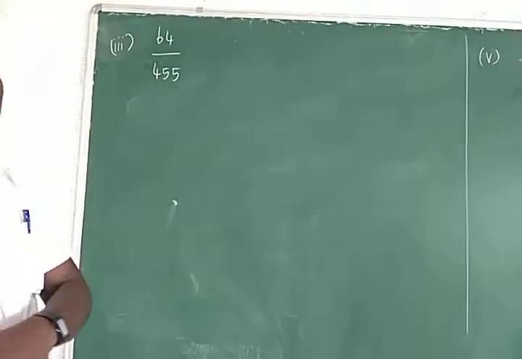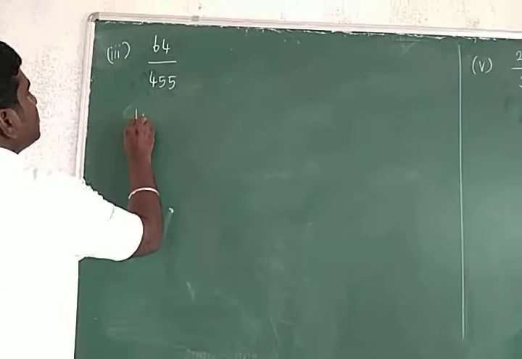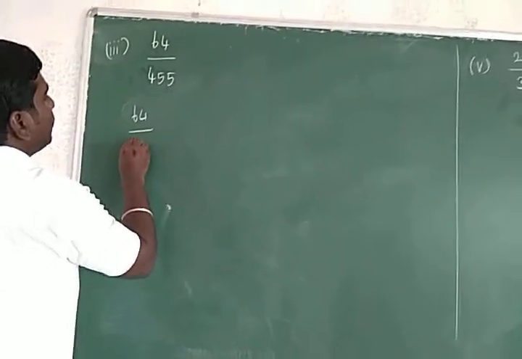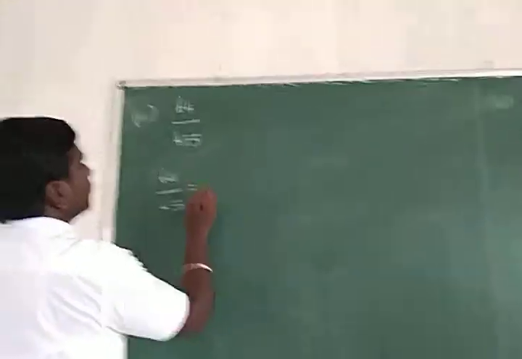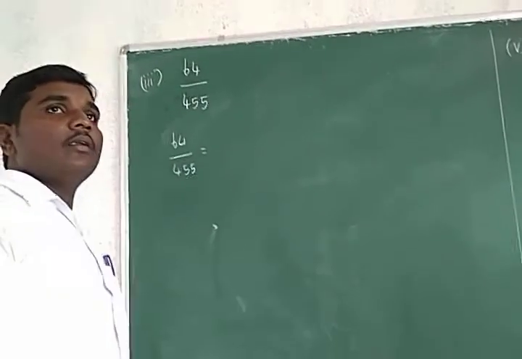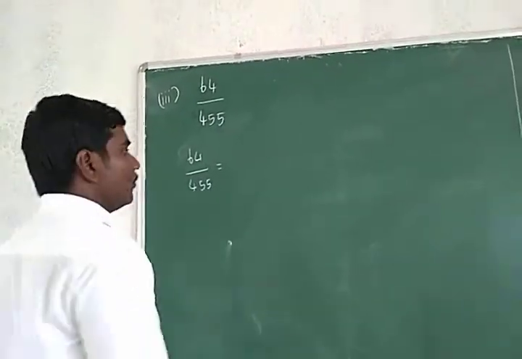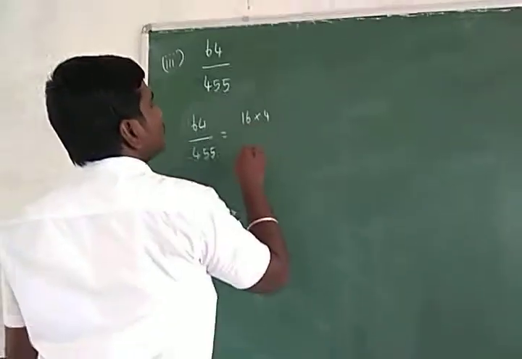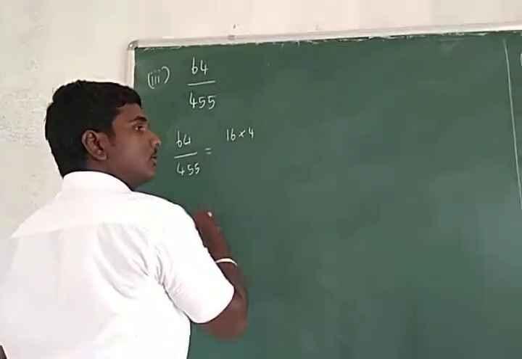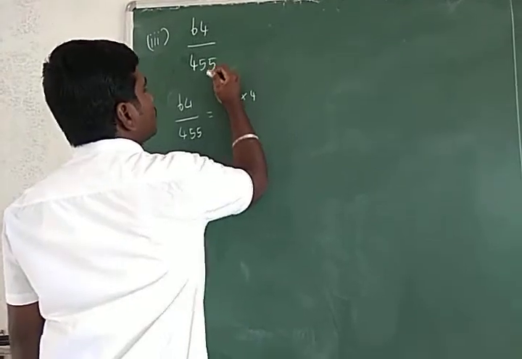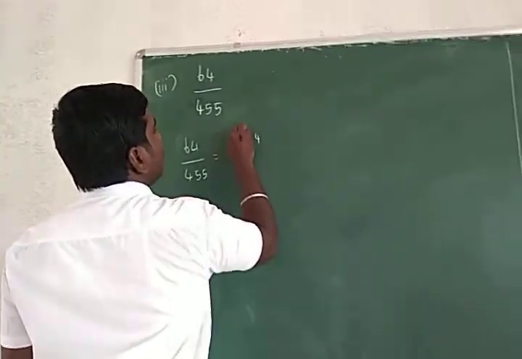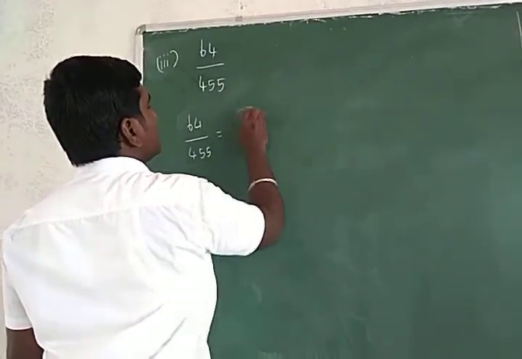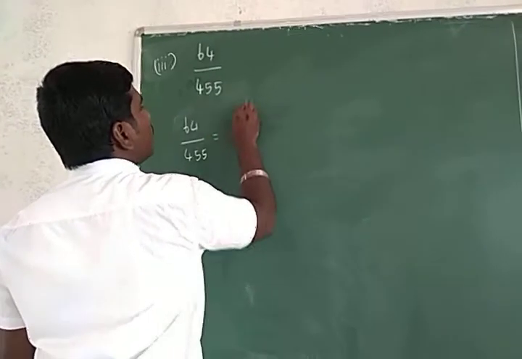Otherwise, if we factorize, no problem. 64 we can write as 16 into 4. 16 means 2 power 4, and 4 is 2 power 2, so 2 power 4 plus 2, which is 2 power 6.